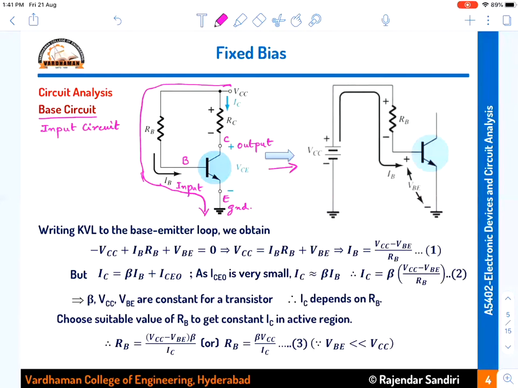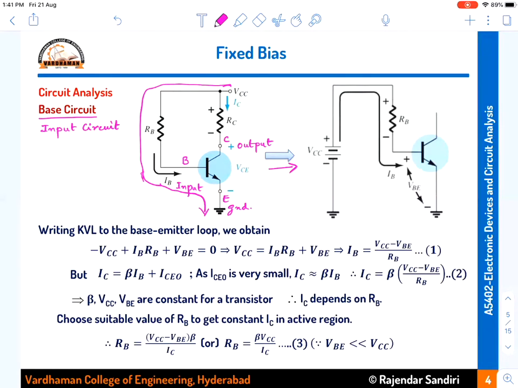So this portion of the circuit from VCC to ground, we call the input circuit or base circuit. I have just drawn that circuit here by ignoring the output portion. The output portion is the resistor RC and the collector to emitter voltage VCE. This portion I am not looking into. I am just looking into the input side, only the base emitter circuit. In the base emitter circuit, we have a base resistor connected to the positive supply of the battery VCC, and this base resistor is connected to the base of the transistor.